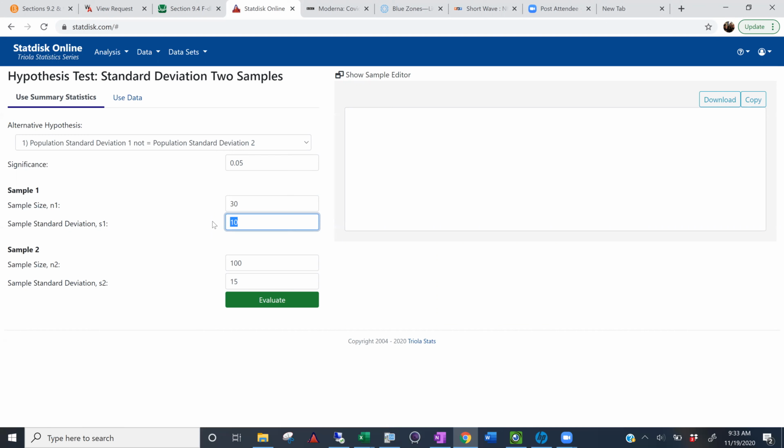Sample size for the first population is 30. Sample standard deviation is 5.11. And then 30 again with a sample standard deviation of 5.39. Now, one of the things that they did give us in our problem was that the data was normally distributed for both populations.